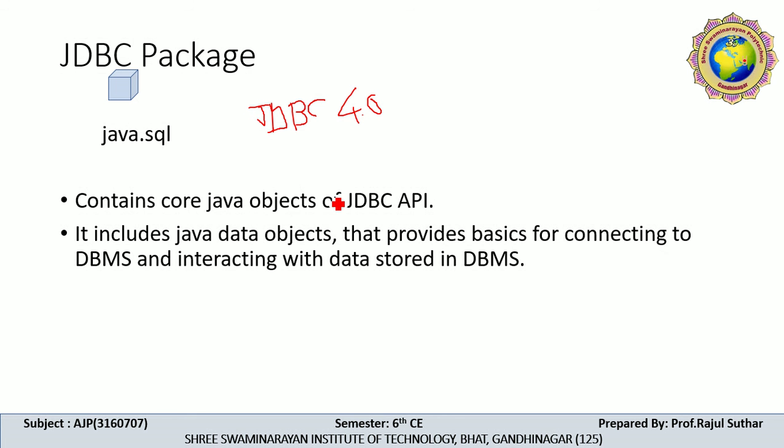Some of the features covered in this package include changes in the following areas: automatic database driver loading, exception handling, enhanced BLOB or CLOB functionality, binary large object functionality, and Connection as well as Statement interfaces. We also have national character set support, SQL ROWID access, and SQL 2003 XML data type support.